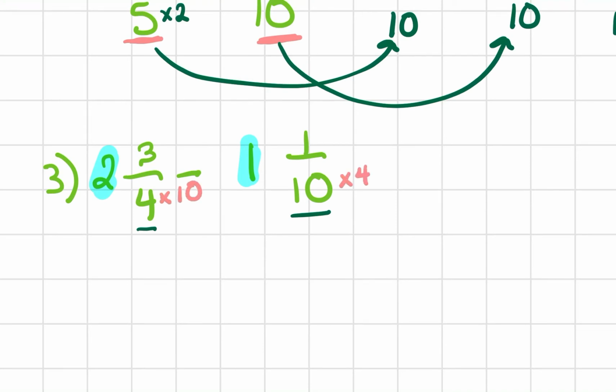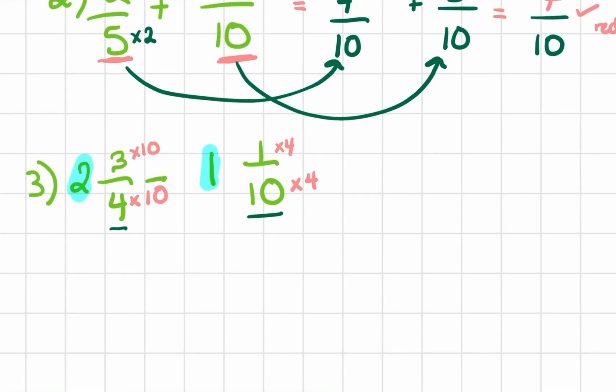So the first denominator is 4, we'll multiply it by the second one, which is 10, and we'll do the same thing to the 10 and multiply it by the first denominator, which is 4. Works every time, but you have to remember that whatever you do to the bottom, you also have to do to the top. So nothing changes about my whole number, but this becomes 30 over 40. And nothing changes about my second whole number, but this becomes 4 over 40.